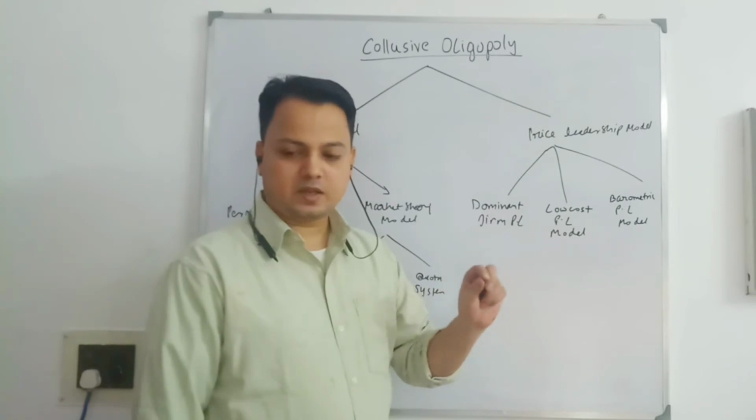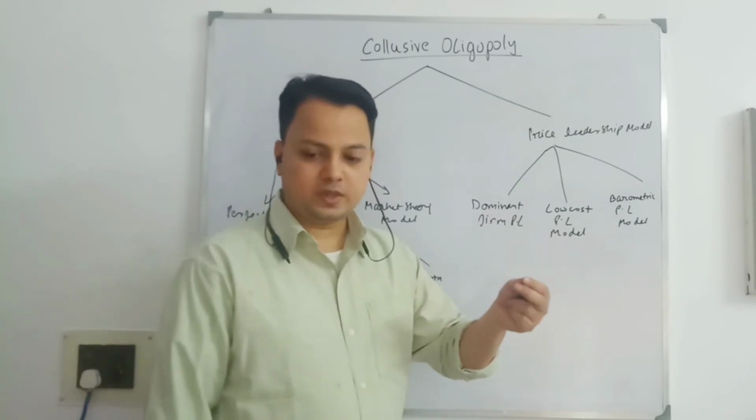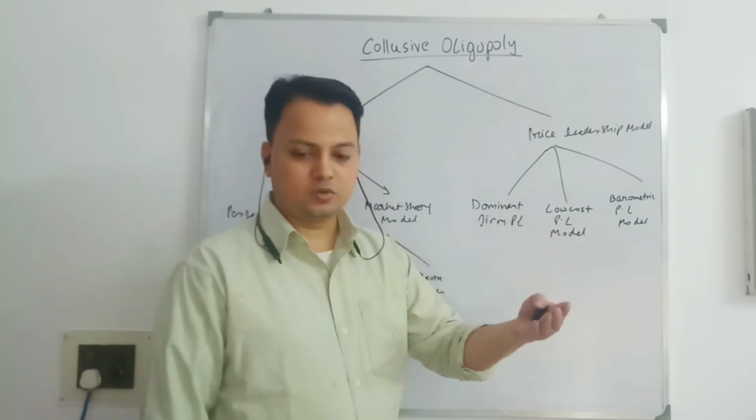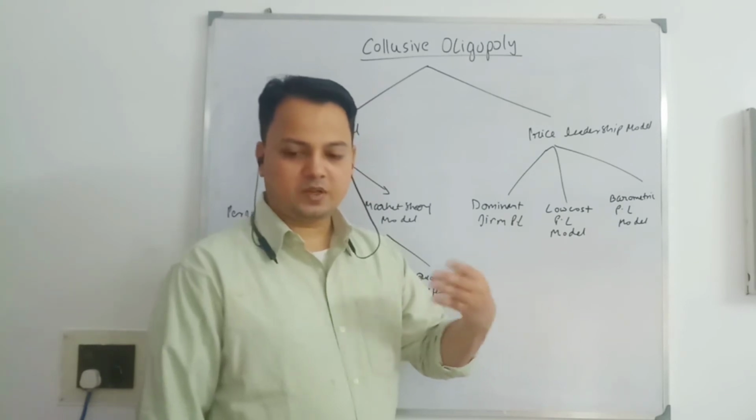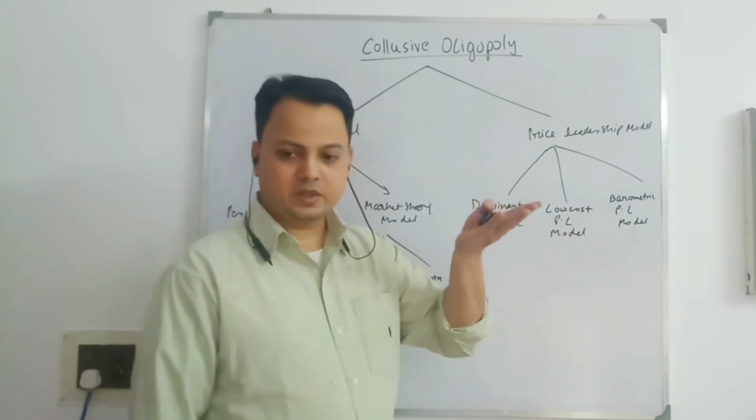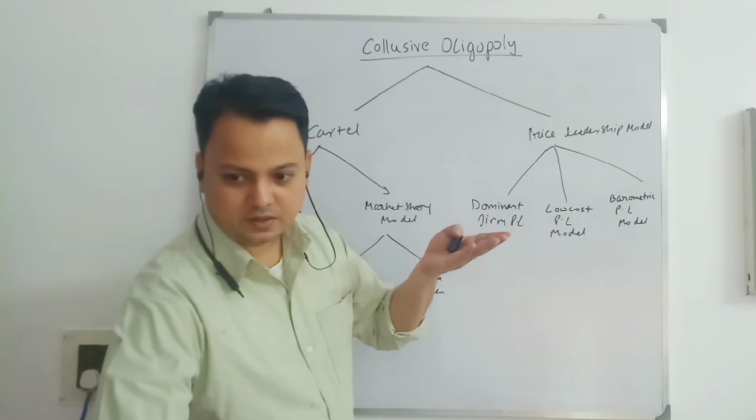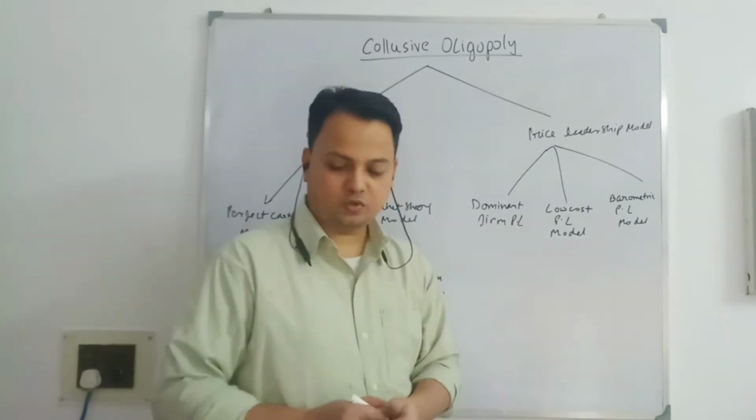Other firms will not take the chance to change the price. When I reduce the price, other firms follow. When I want to increase the price because market conditions are changing, other firms will not follow.